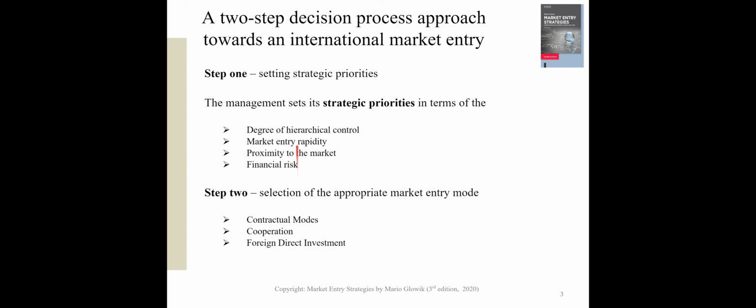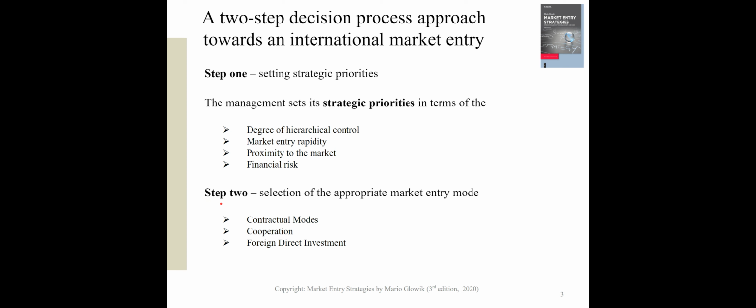We follow a 2-step decision process approach towards an international market entry. So first of all, we will talk about setting the strategic priorities in terms of the degree of hierarchical control, market entry rapidity, proximity to the market, and the financial risk.